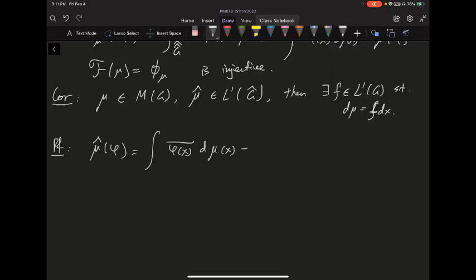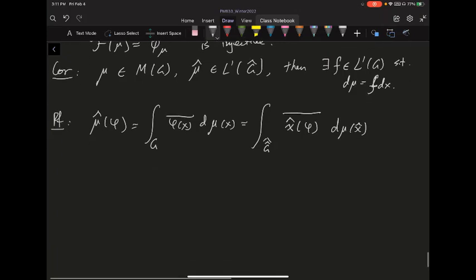Another way of writing this is as an integral over G double hat: x hat evaluated at phi, the whole thing conjugated again, and d mu, which I treat as a measure on the double dual group. Okay. So in other words, this Fourier transform is now an integral of some character against some d mu on G double hat.